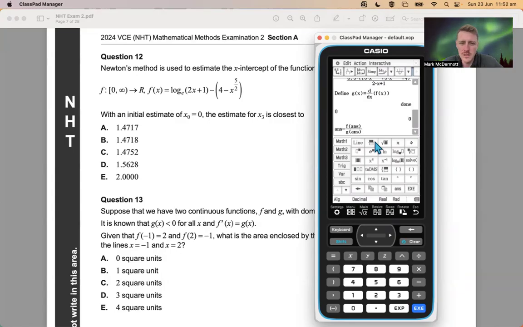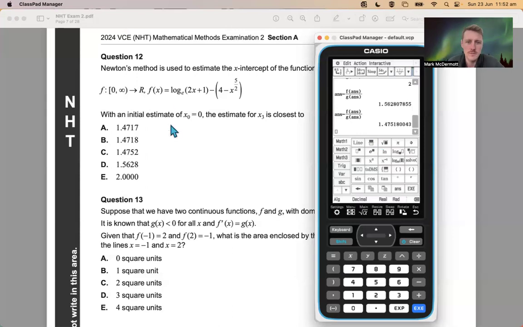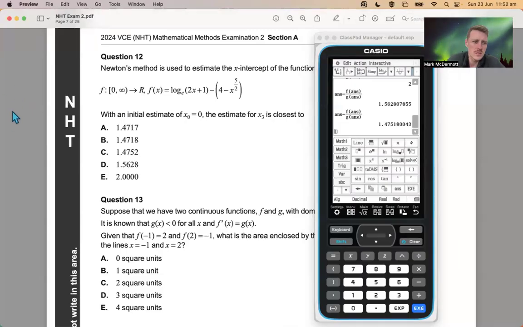So our first estimate, so this would be x1, x2, x3. So I reckon the answer is C. So C is our answer, I think.